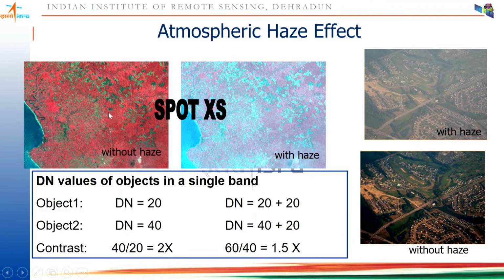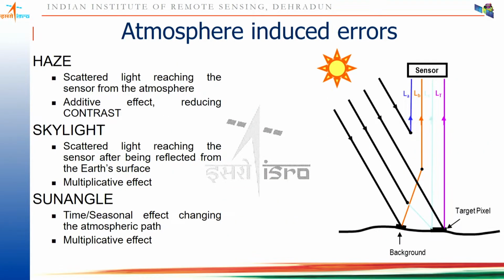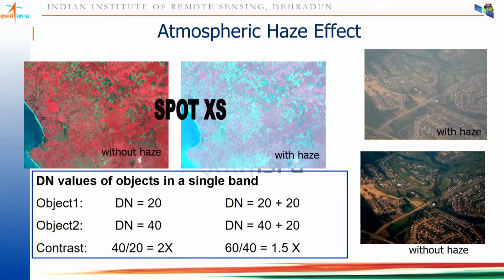An image with haze is not much interpretable, so haze has to be removed from the satellite imagery. And haze, as I mentioned earlier, is an additive effect. We have to remove the haze from the satellite image. You can see two examples here, the image with haze and without haze. One is a false color composite, one is a true color composite.